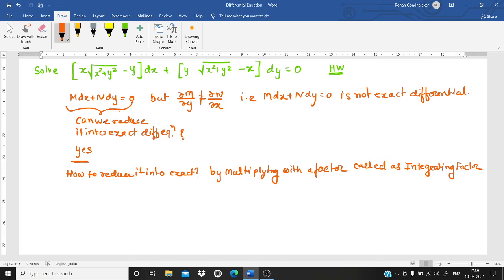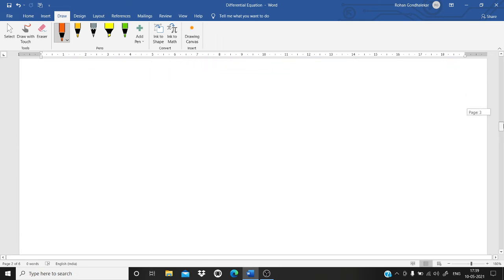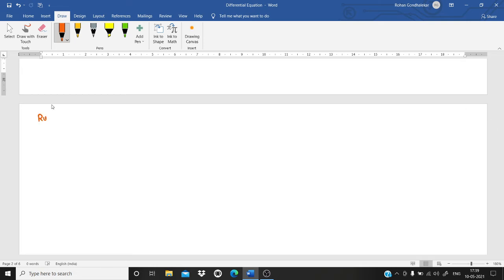One of the well-known rules is the homogeneous differential equation. Fine. So I discuss the first rule of reducing to an exact differential equation. So, rule 1.